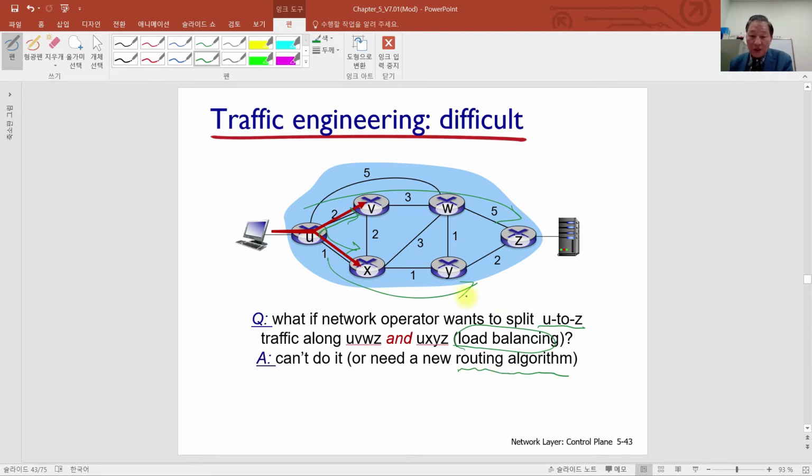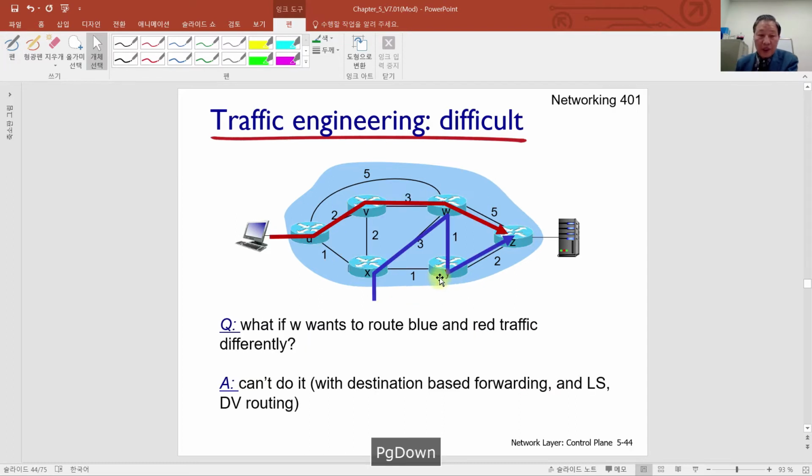Thus, that is why we need software-defined networking instead of this traditional scheme. Here is another requirement that is also difficult with the previous traditional routing scheme. What if W wants to route blue and red traffic?